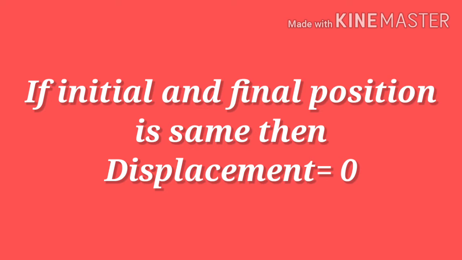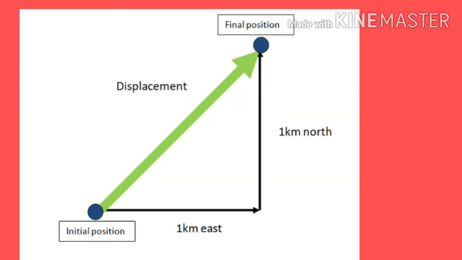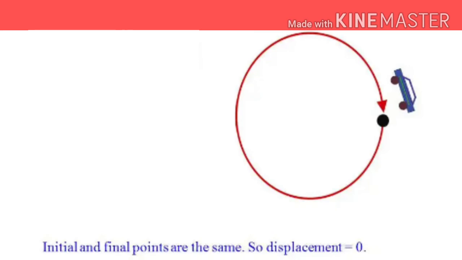As you all know, displacement is the shortest path between the initial and the final position of any object. But when any object starts moving from any point and comes back to its starting point, the displacement is zero.